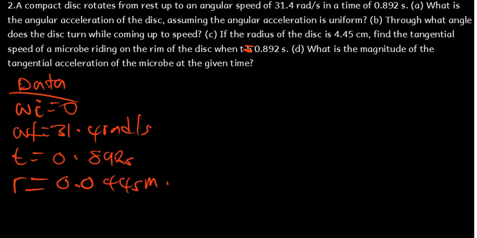The first question is asking, what is the angular acceleration of the disk, assuming the angular acceleration is uniform? So how do we find the angular acceleration in this case? I can use this formula: the final angular velocity is equal to the initial angular velocity plus angular acceleration times t.